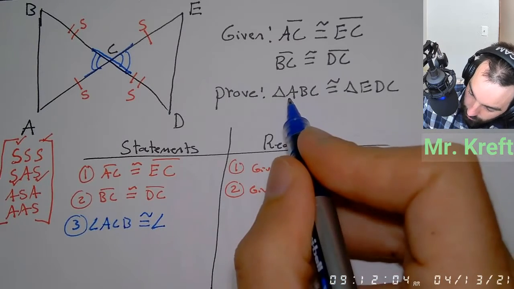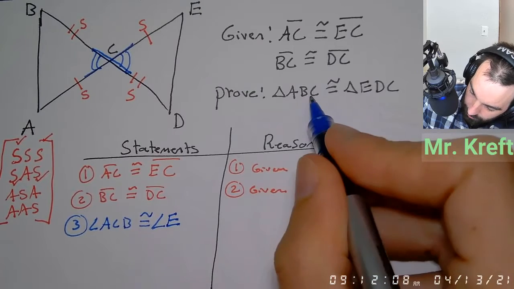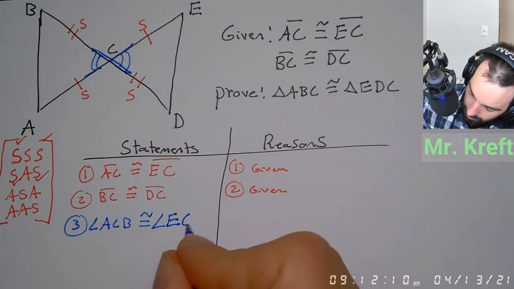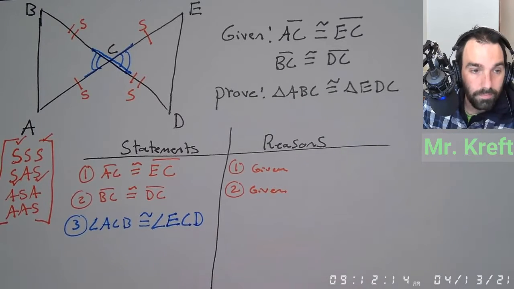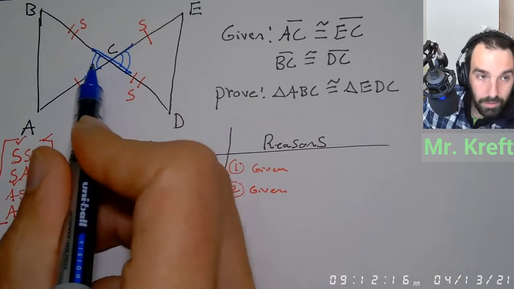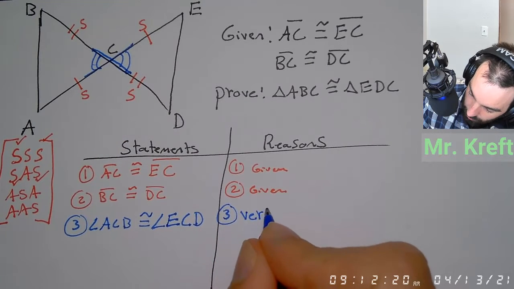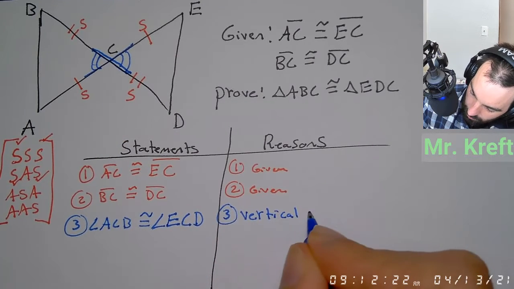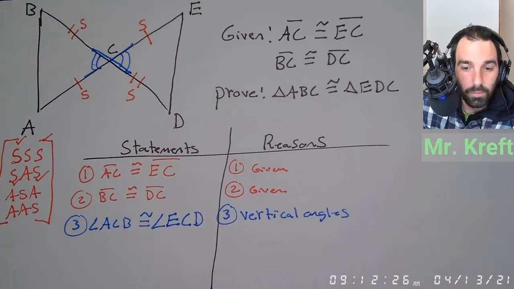So for example, A is the first letter, that goes with E. C is the third letter, that goes with C. B is the second letter, that goes with D. Okay, so I know these two angles are going to be congruent, and my reason is going to be vertical angles. Right, so every statement I'm justifying with a reason.